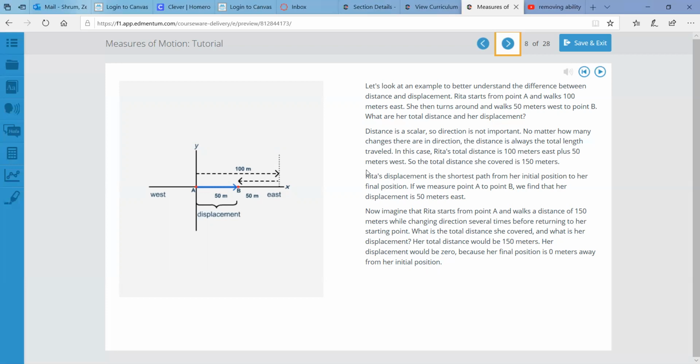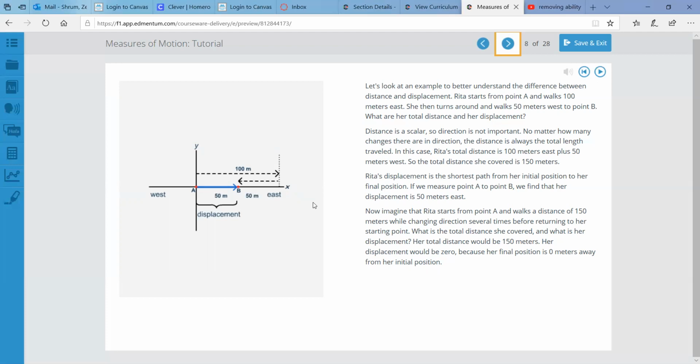Because distance is scalar, the direction is not important. No matter how many changes there are in direction, the distance is always the total length traveled. So she went 100 and then 50. So that's 100 plus 50, which is 150 meters for distance.